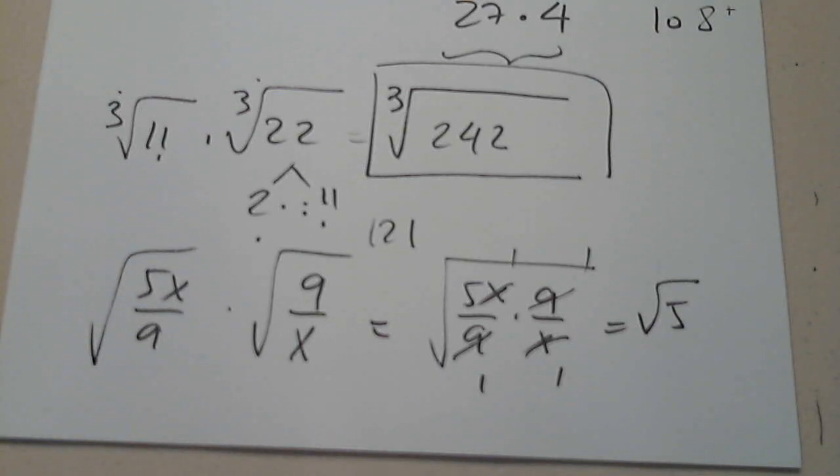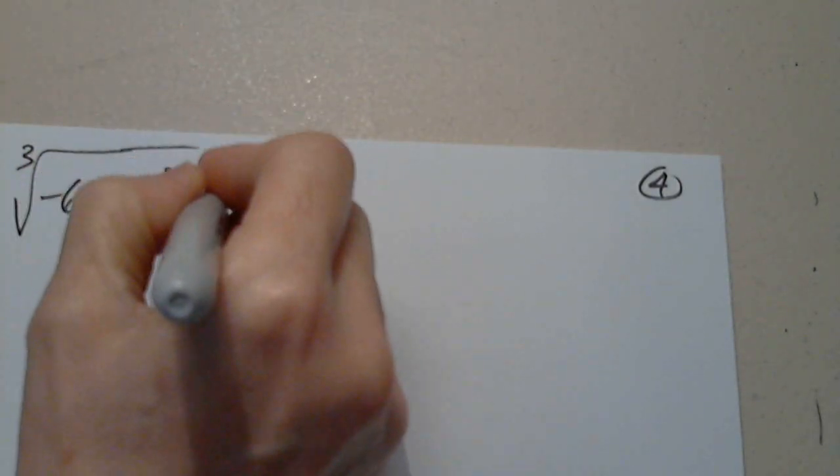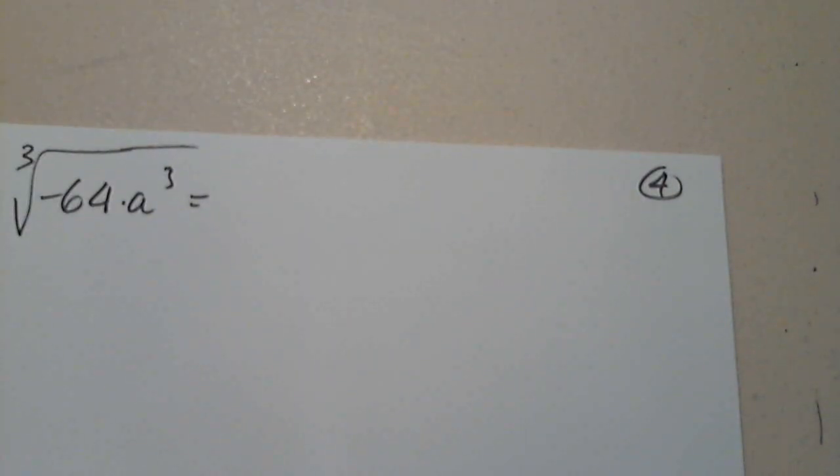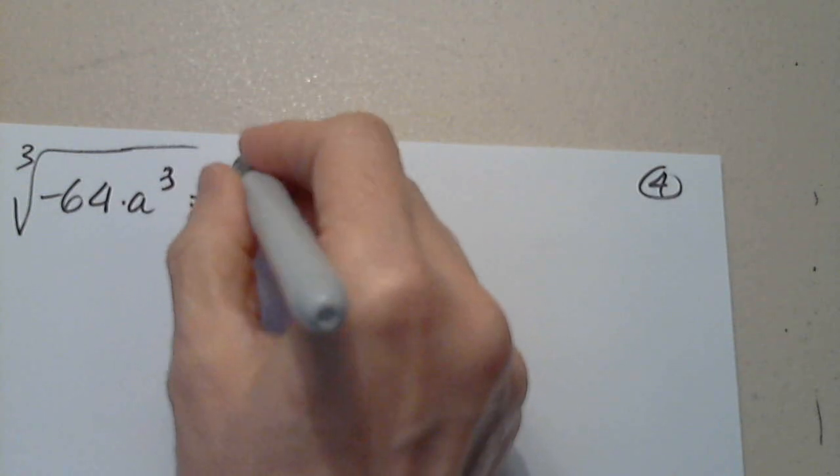Okay, 18. Here we have to be careful a little bit because we have to split the radical first. So the cube root of negative 64 times a to the third. Split the radical first. I recommend that.